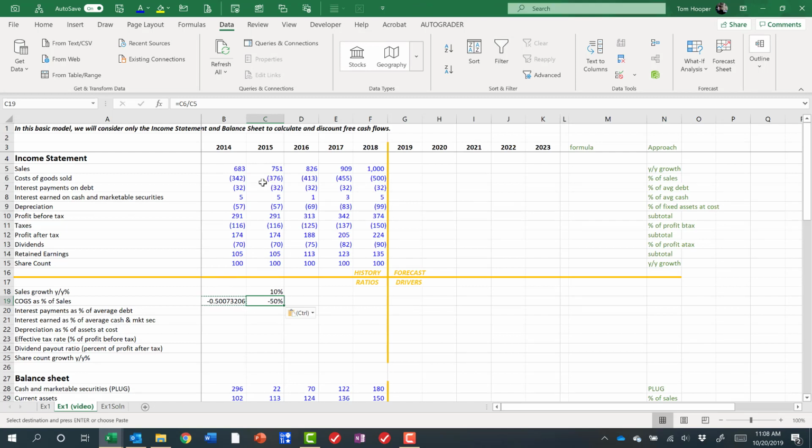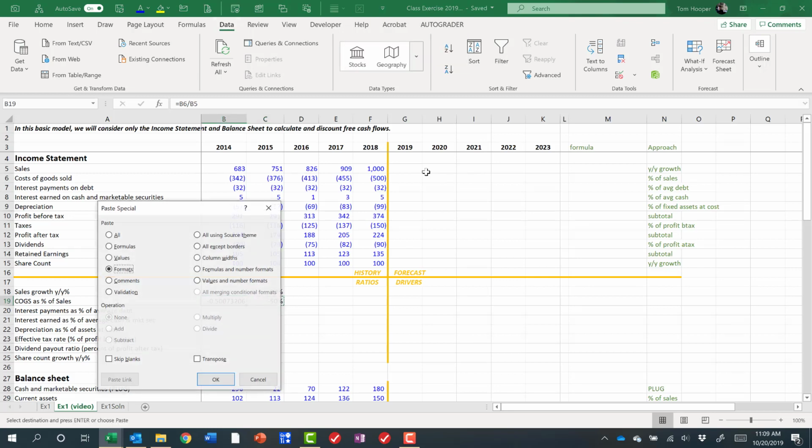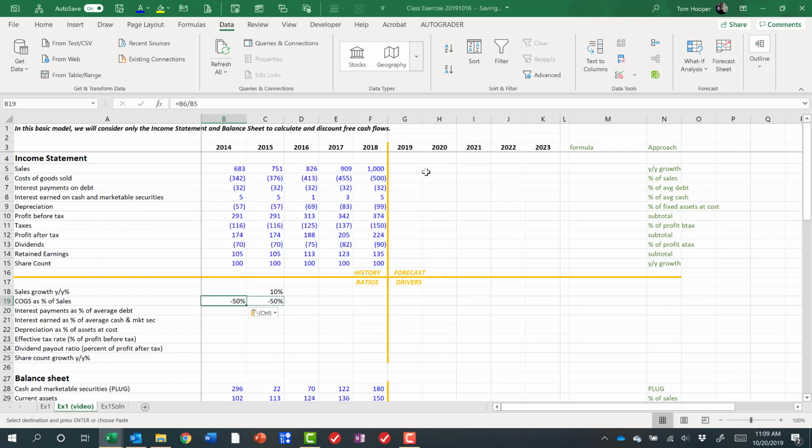Now the way I've calculated it is we've left that negative in there. We could be more purist if we wanted to truly see cost of goods sold as a percent of sales. But I think taking the negative out here and then trying to back it out in the forecast is not worth the time. So we're going to do it this way. I'm also going to copy the format, paste formats, so that those 2 years look the same.